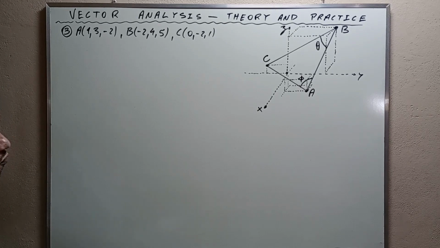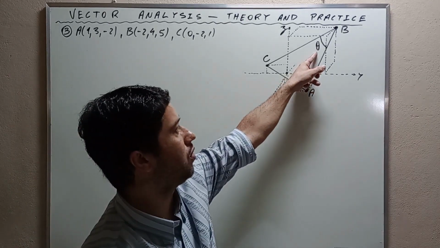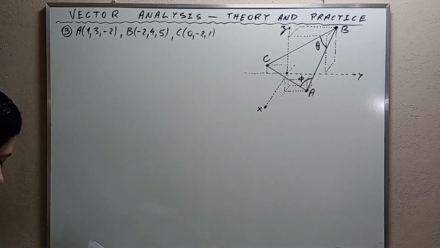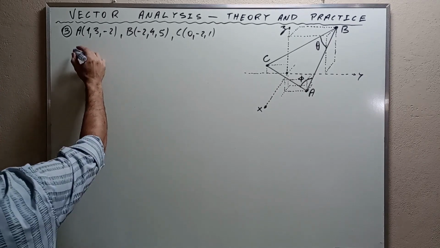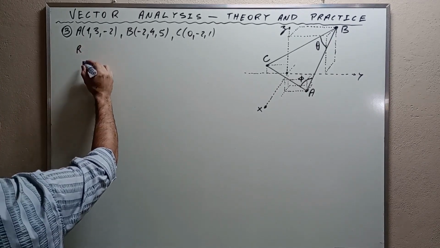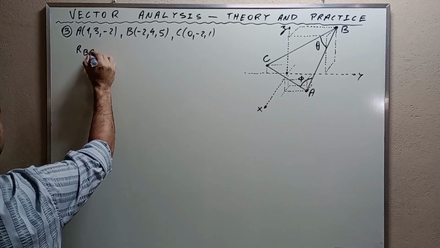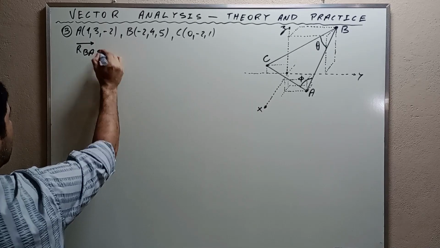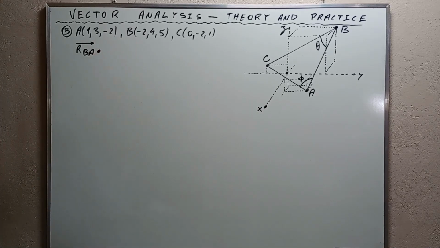Letter B now. Find this angle here, angle theta. We're going to use that RBA in a dot product. Sorry, the exercise wanted us to use the definition of the dot product.